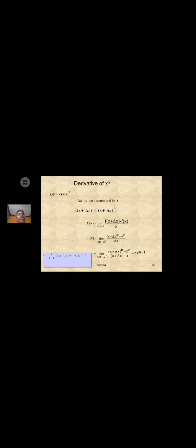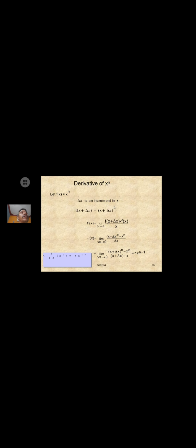Here in the violet shaded background, we can see d by dx of x power n equals n into x power n minus 1. So this we have written based on the first principle.